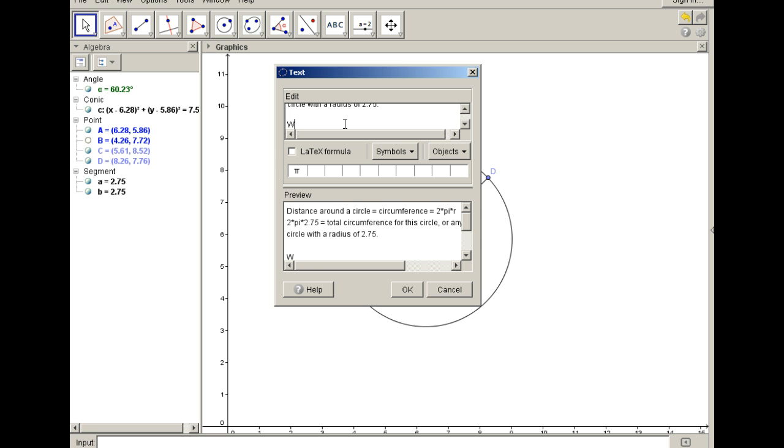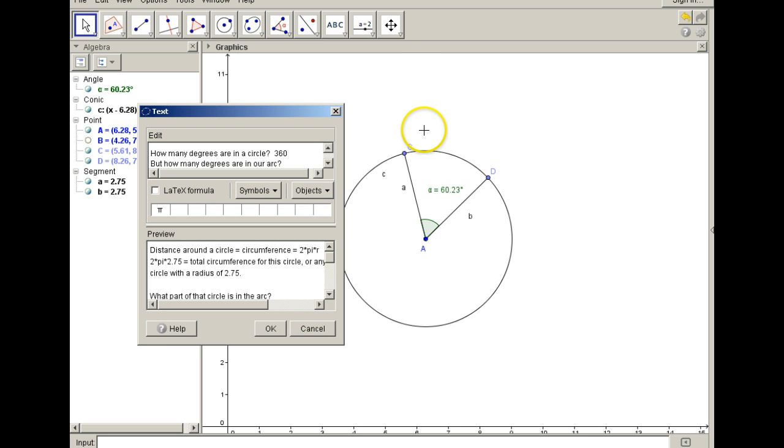Now, what part of that circle is in the arc? Well, it's a portion, right? How many degrees are in a circle? That's 360. But how many degrees are in our arc? Not all 360 of them, only 60.23 degrees.